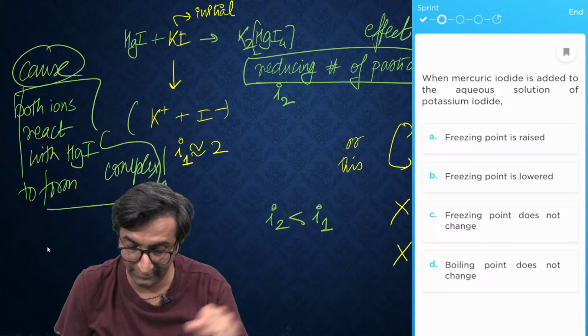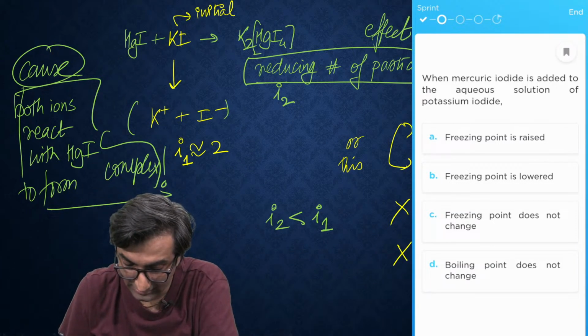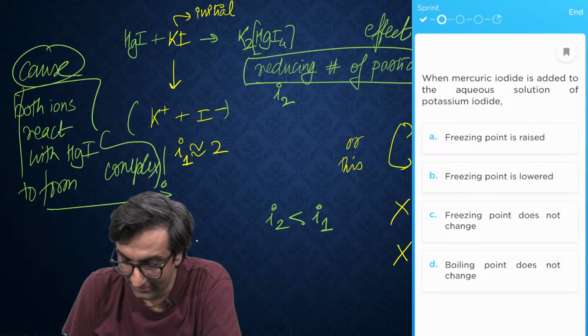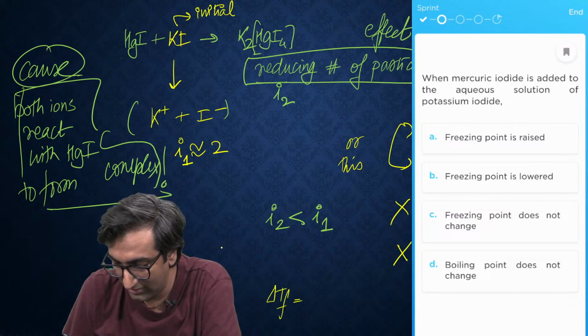What is the logic of that? I'm going to use yellow back here again. So you have delta Tf equals i times Kf times m.